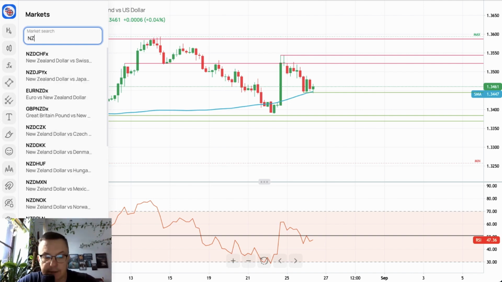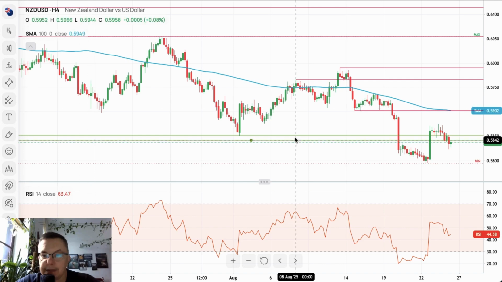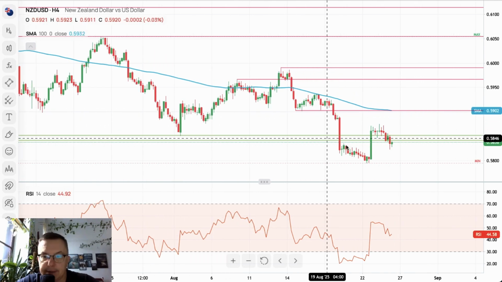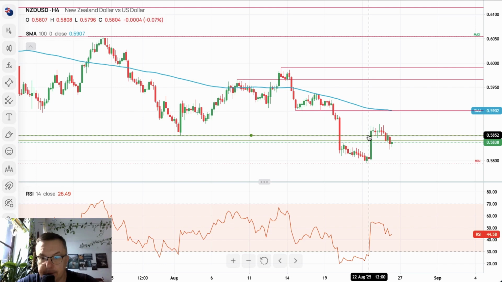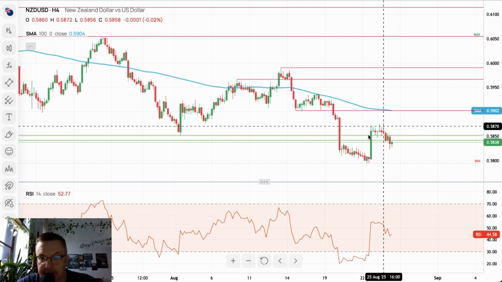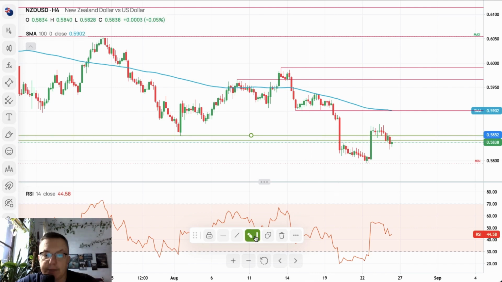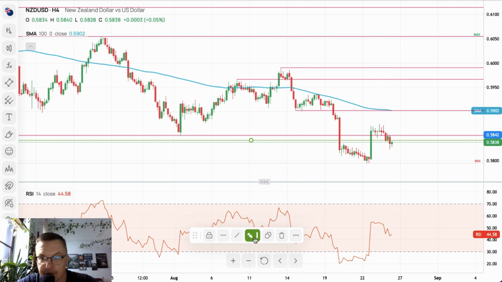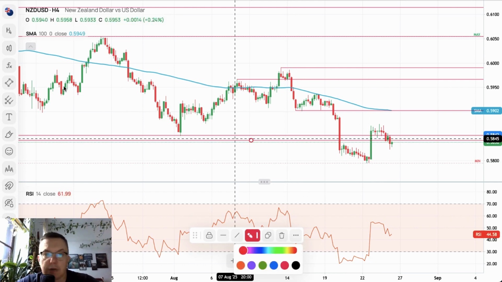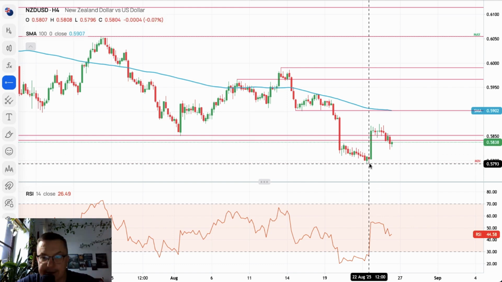Let's take a look at the New Zealand dollar. The New Zealand dollar was back above this technical resistance, but after hitting 0.5871, the market deteriorated lower again below the technical resistance at 0.5838. So right now we are continuing the downside slide.